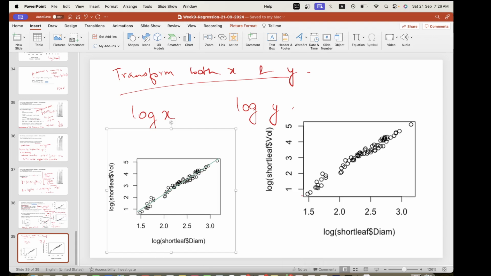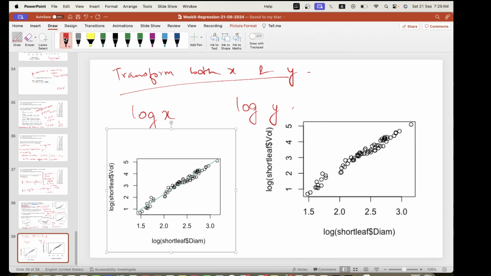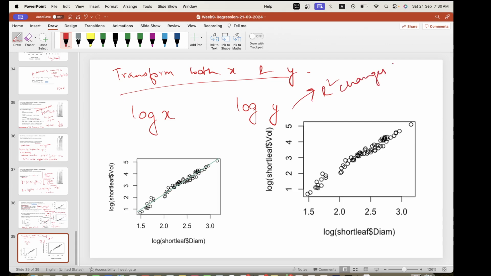Okay, so after transformation we see that R square changes from 89 to 97%, which is actually a significant increase. Okay, now let us look at the residual figures.